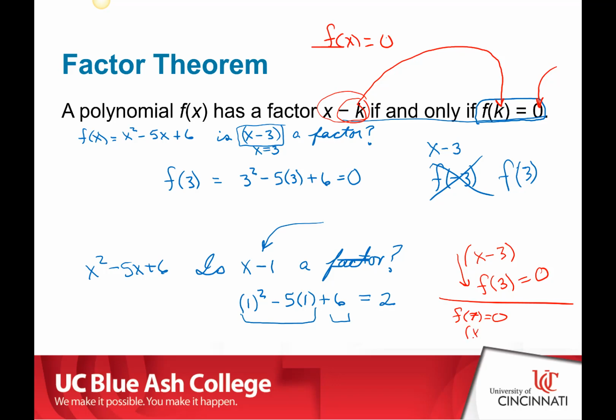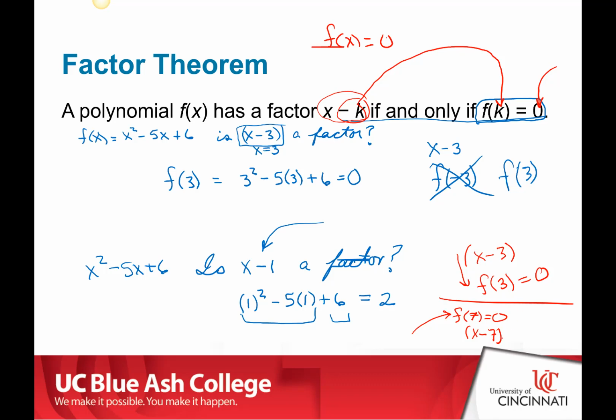So it's going to give us x, the negative of 7, the negative of a positive 7 is going to be a negative 7, and there's the factor. Does that make sense to everybody? So if you know a value of x that returns a y value of 0, that value of x can be worked into a factor for that polynomial.